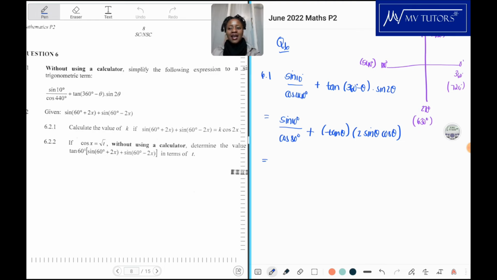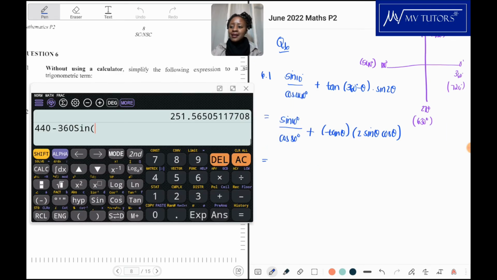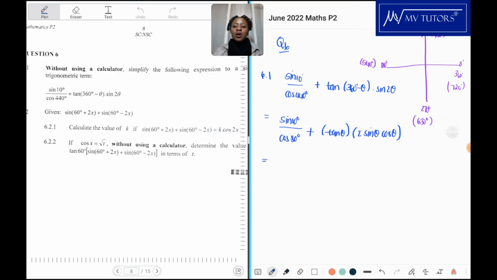Remember, sine and cos are complements of one another. If you go and check on the calculator, sine 10 degrees is 0.17. If you check cos 80, it's also going to be 0.17. And therefore the two are equal.